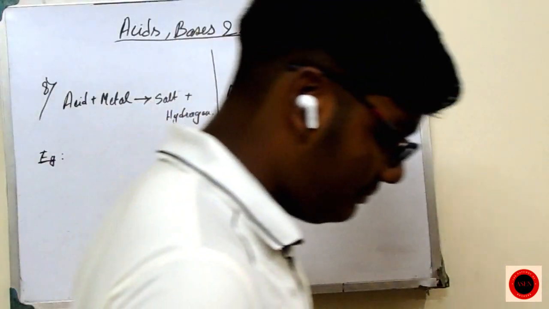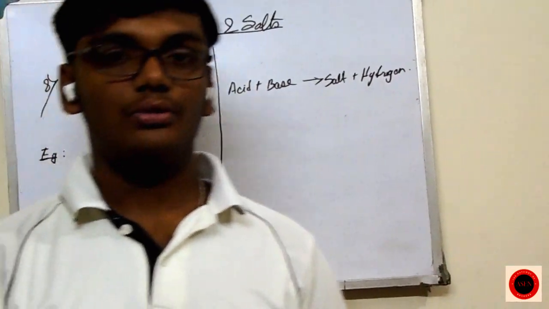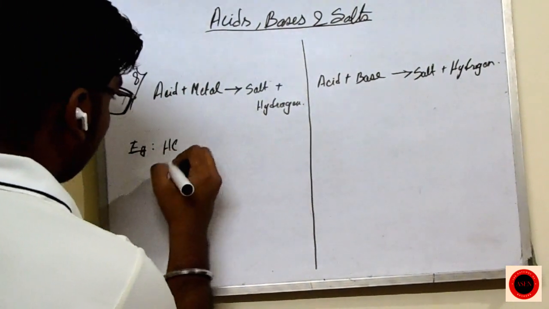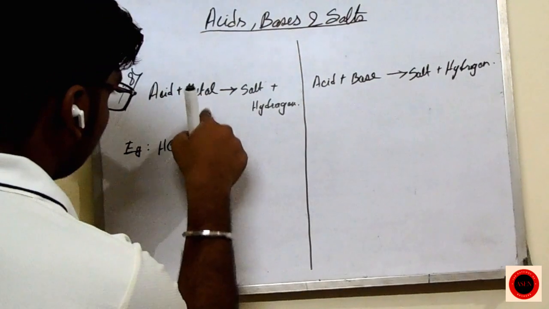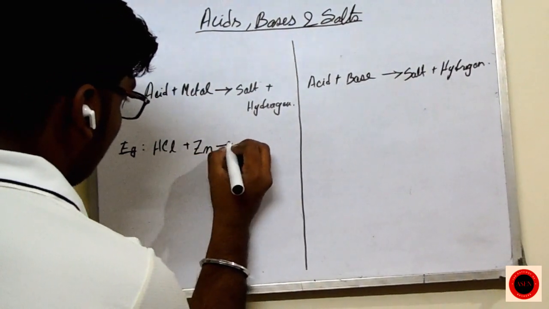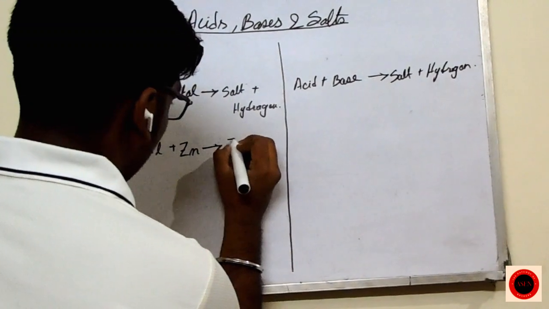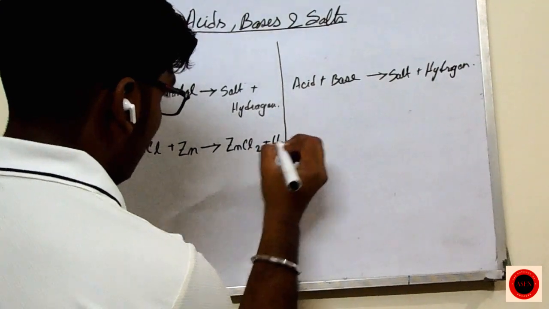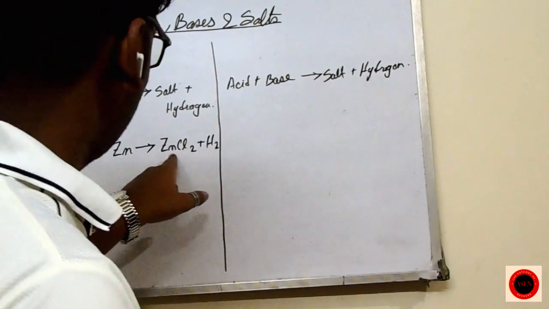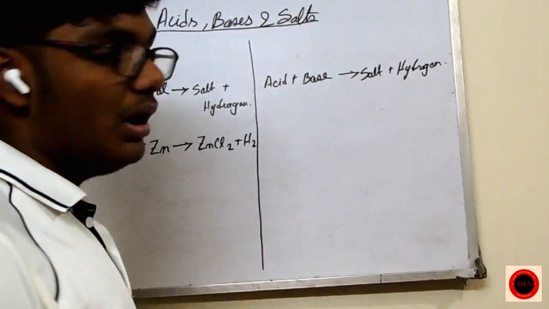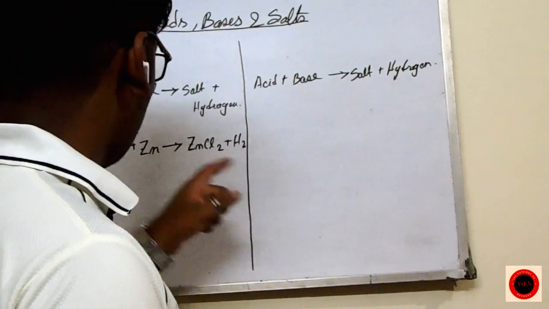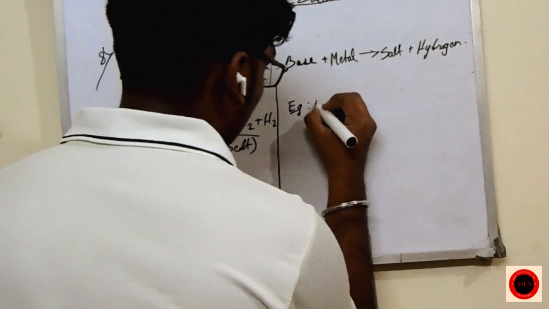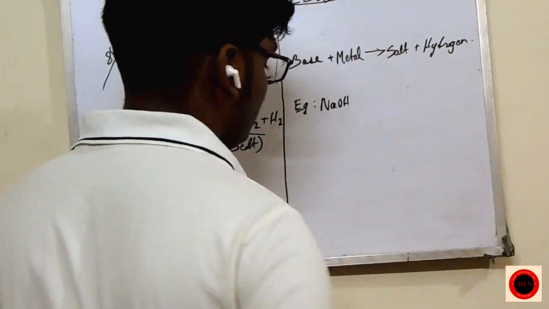Example, let us see example. HCl, that is hydrochloric acid, plus Zn, that is zinc. HCl acid plus metal zinc gives zinc chloride, ZnCl2 plus H2. HCl plus Zn gives ZnCl2 plus H2. Now it will be base plus metal. Base NaOH, that is sodium hydroxide.